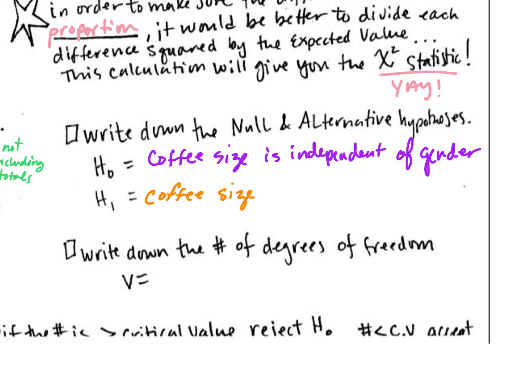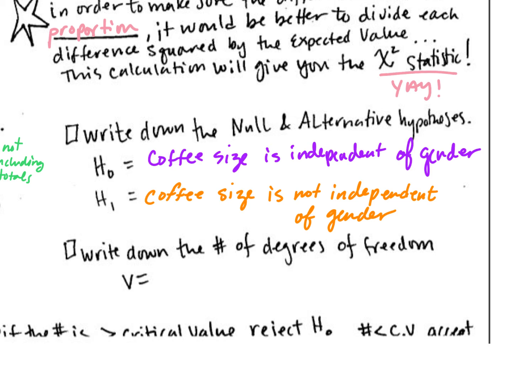So I wrote, coffee size is not independent of gender. You could write dependent, but I feel like it has a different connotation. Like I could infer that it was dependent. I don't know.